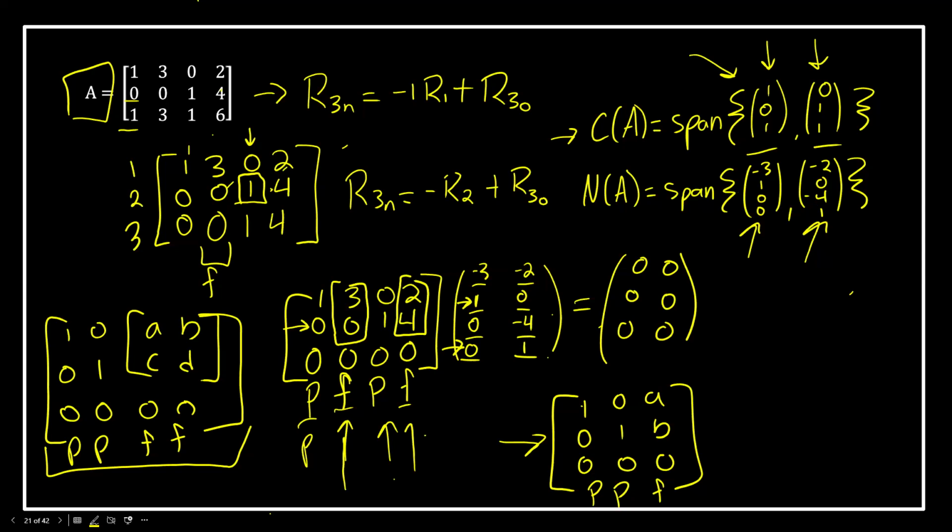Meanwhile, we have 4 columns, so our null space vectors always have 4 components. That's a good mental check as you're solving these: once you have your column space or null space vectors, you can check that you have the right number of rows in your vectors.